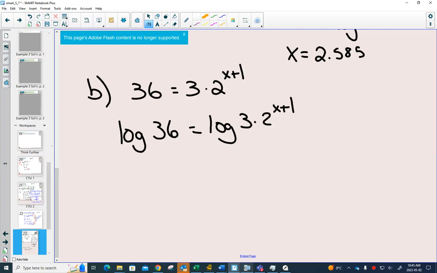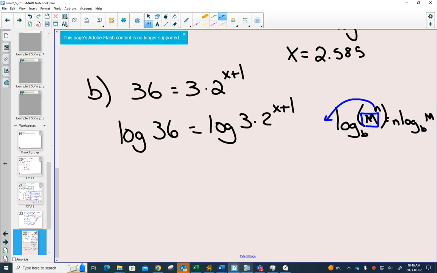Students are so excited to get the x out of the exponent that they move it out too soon. Your log law that lets you move this exponent out in front only works when that exponent is to the entire thing inside the log.